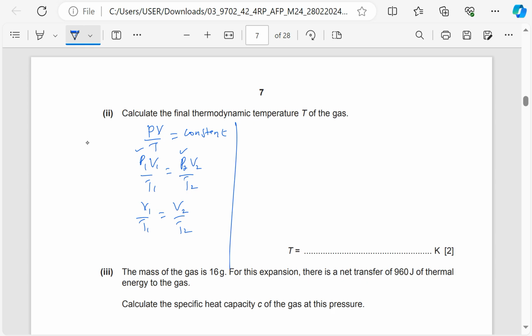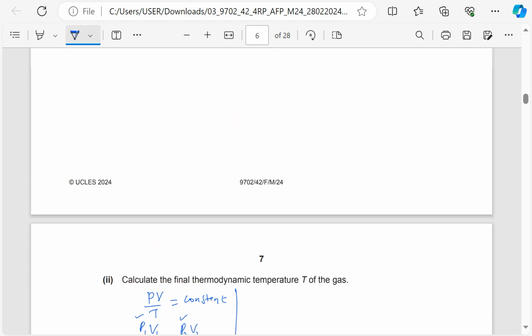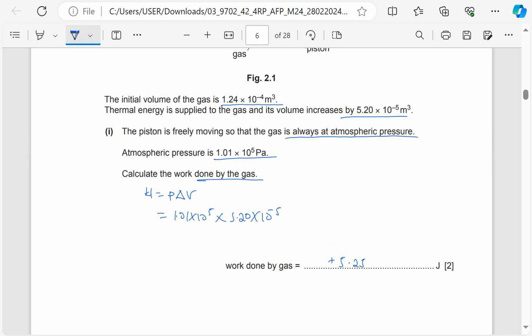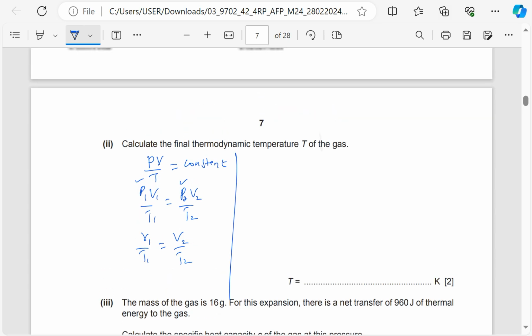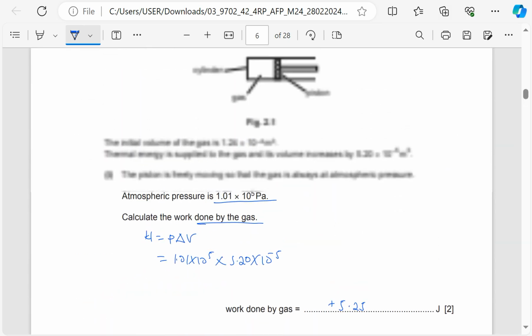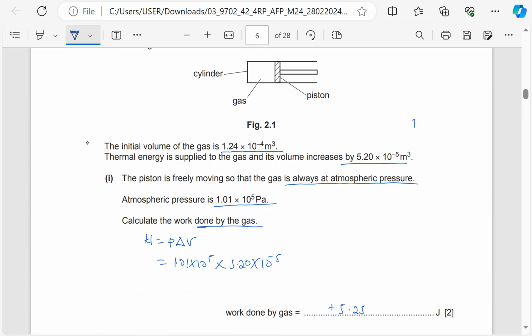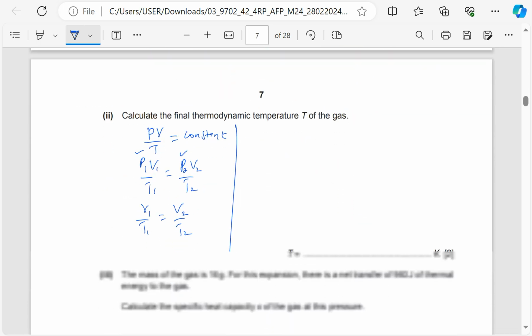So I will just make substitution. V1, our initial volume, is 1.24. V2, because the volume increases by this, so the final volume is going to be 1.24 plus 5.20. V2 is going to be the sum of those two because this is the increase in volume.